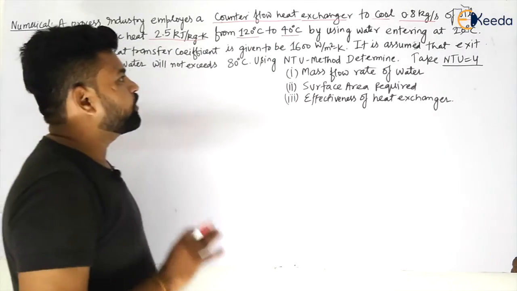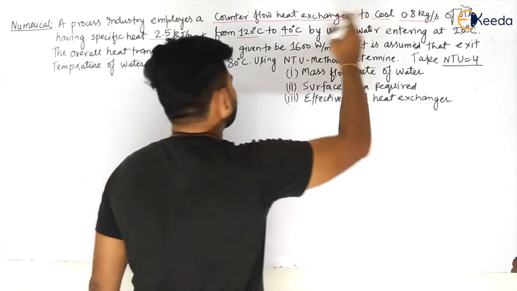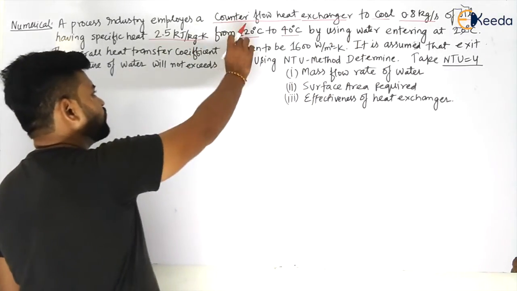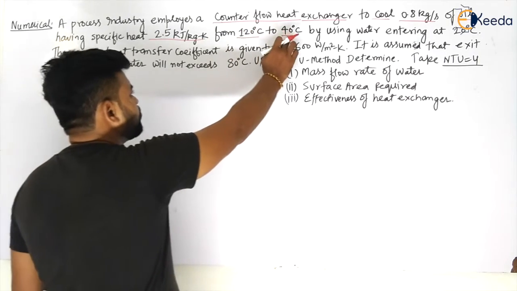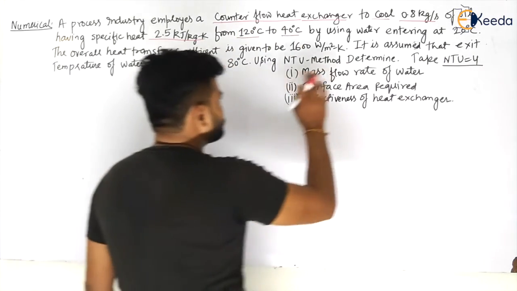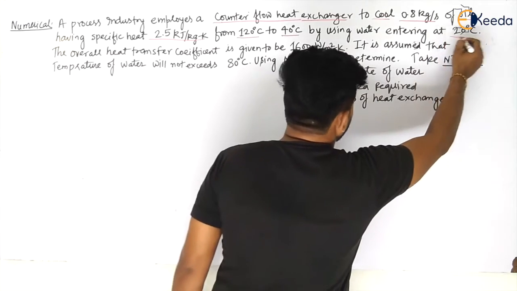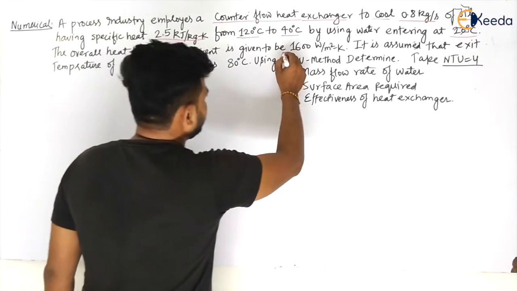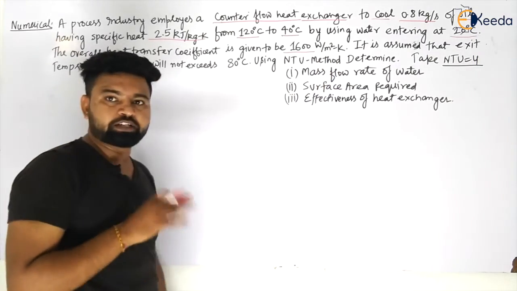They are cooling an oil which has some mass flow rate and some specific heat, my dear students, from 120 degrees Celsius to 40 degrees Celsius by using water entering at 20 degrees Celsius. The overall heat transfer coefficient is given by 1600 watt per meter square Kelvin.